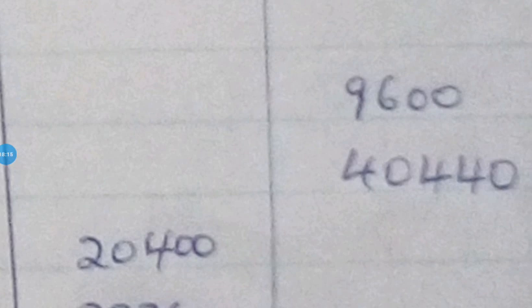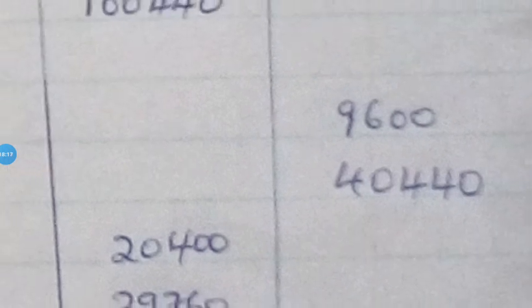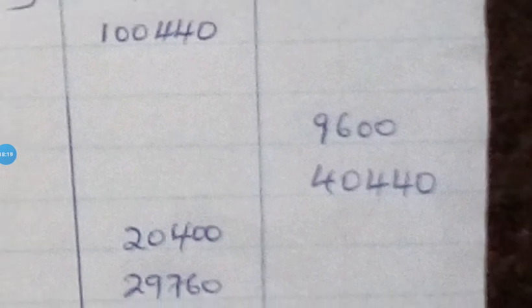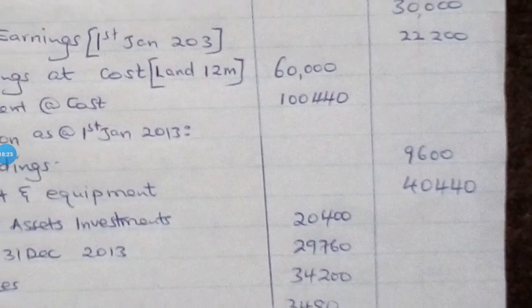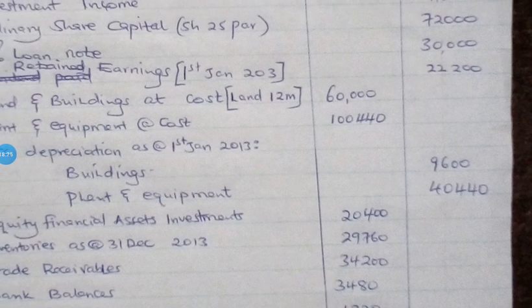So 9,600 represents accumulated depreciation of our buildings. So if the cost for our buildings is 48,000, you less 9,600, you'll get the net book value of our buildings before revaluation.